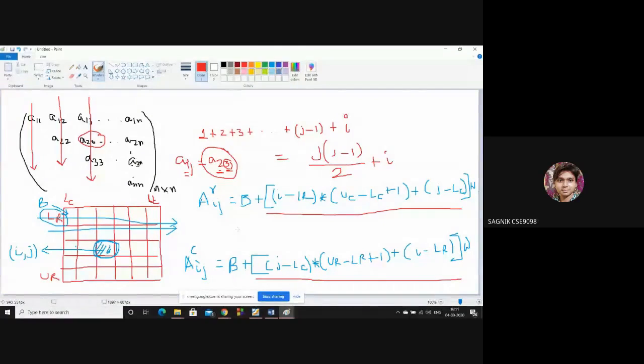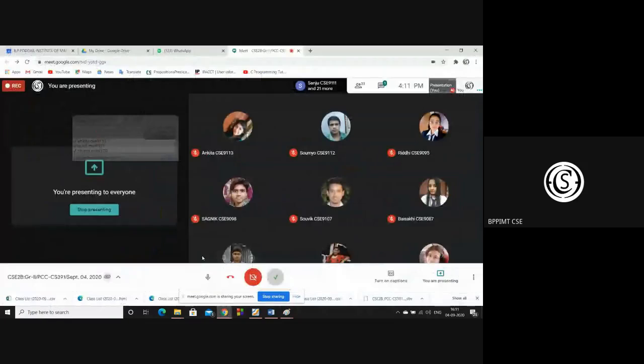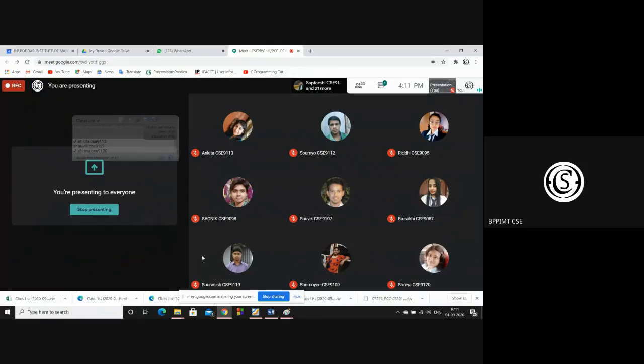Find out the address of an element at position ij for row major order and column major order for a tri-diagonal matrix. Okay. This is your assignment.